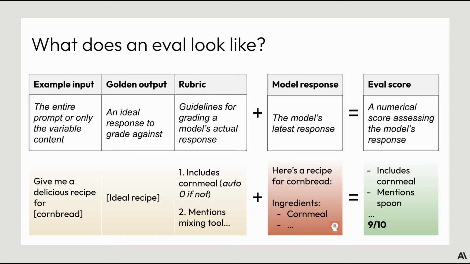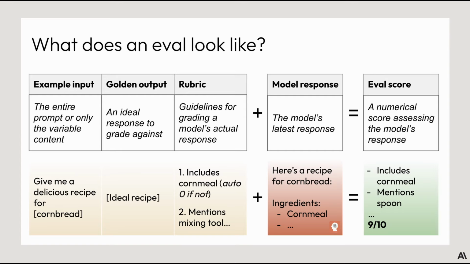We also have guidelines for grading a model's actual response, which are the rules based on which the score is generated. Once the model's response is generated, an eval score is returned to assess the model's response based on the metric definition and the golden output.